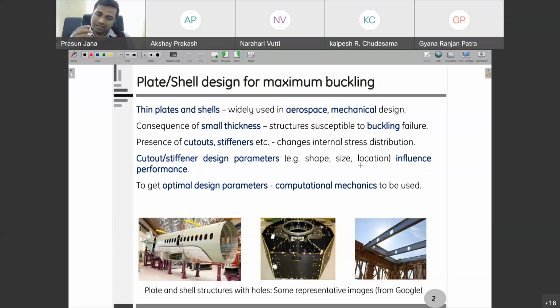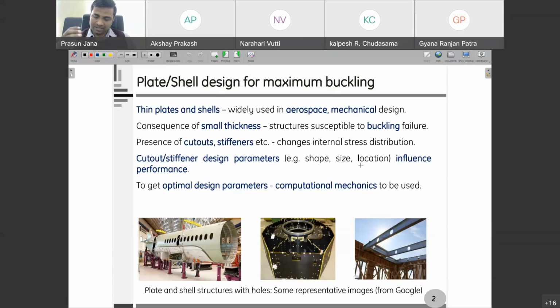We call it a failure because when it goes into that kind of unstable mode, it cannot take a certain loading. The purpose of the structure is to take certain load, and that purpose will not be fulfilled if it goes to that unstable region. That's why buckling is a kind of failure.